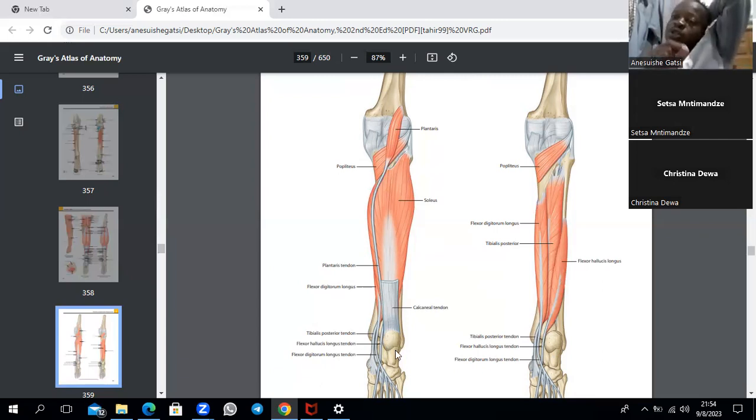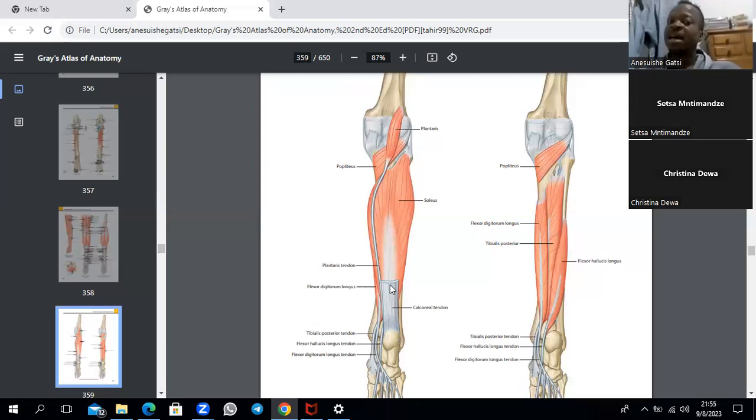These tarsal bones should remind you of the carpal bones, the scaphoid, the lunate. There were 8. For the foot, we have 7 tarsal bones, of which the largest, which forms the prominence of the heel, is what I'm calling the calcaneum here. So calcaneum, that's where this Achilles tendon inserts.